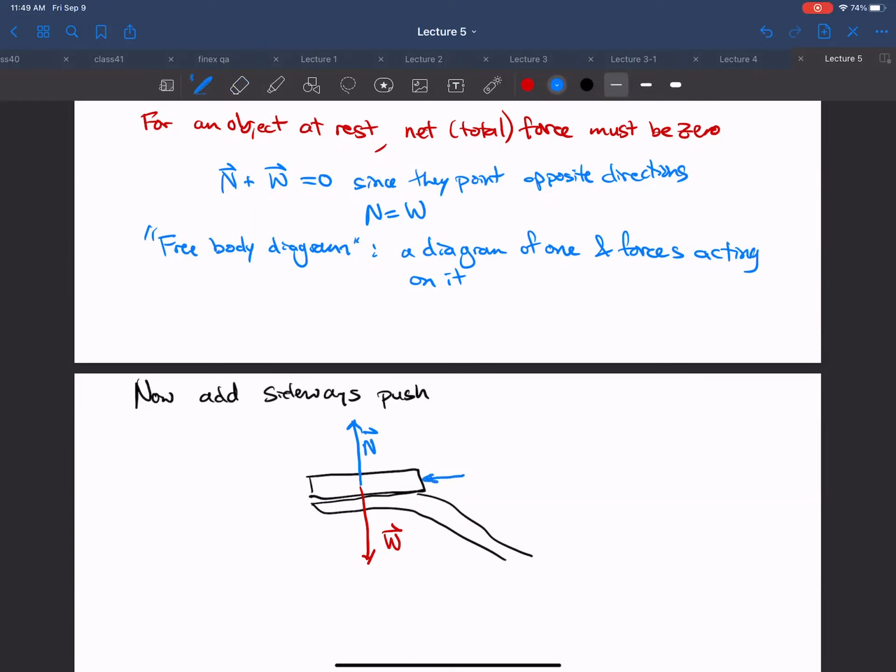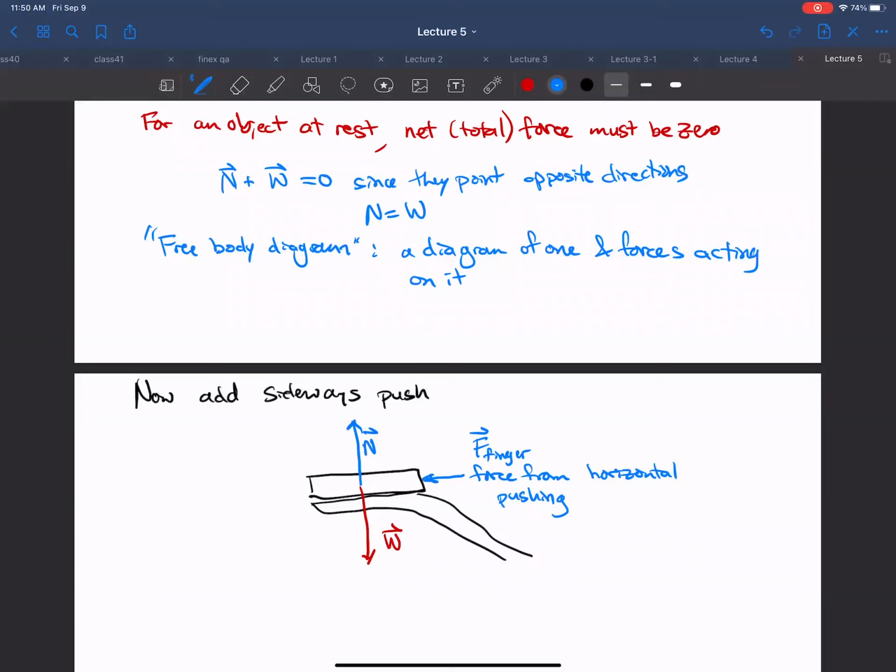So this is the force from my finger, horizontal pushing. My finger is exerting a normal force. It's normal, perpendicular to the interface between my finger and the phone. So it's a second normal force, but we'll just call it maybe F finger so that we don't get confused with the normal force from my palm.